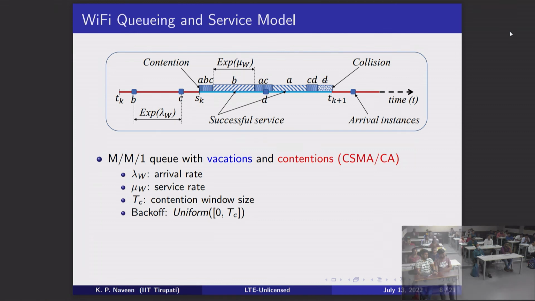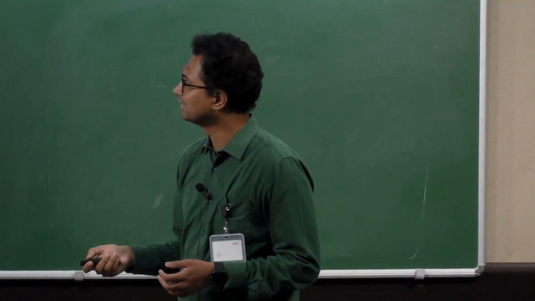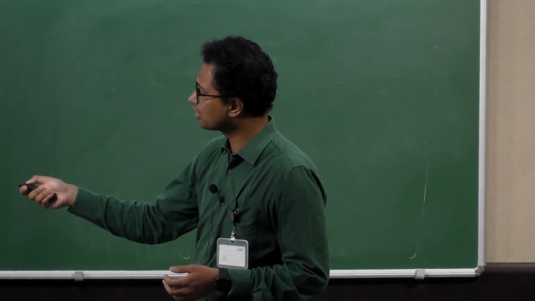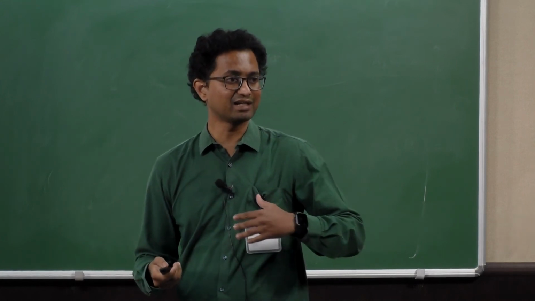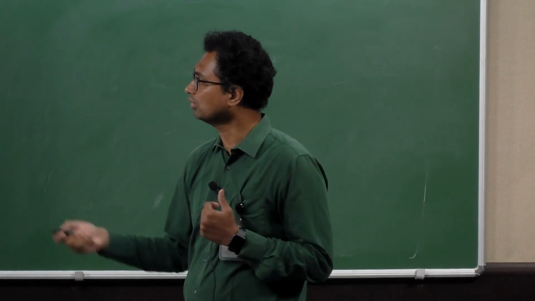If Wi-Fi starts transmitting both these packets at the same time, there will be collision. So instead each of these packets is going to wait for some amount of time randomly. Each packet is on its own now, and has to attempt transmission on its own.